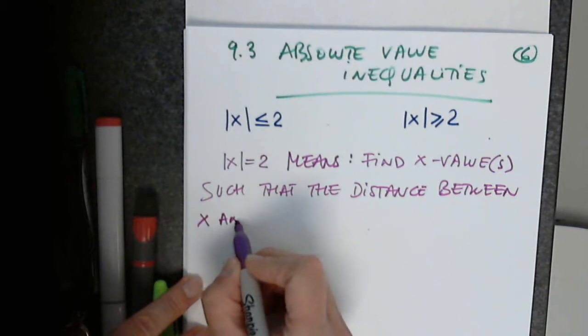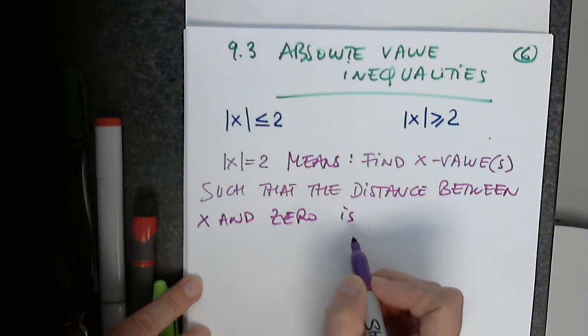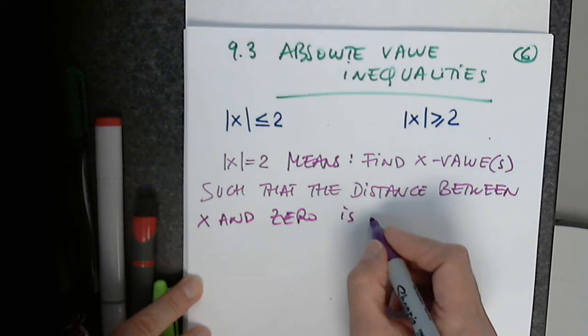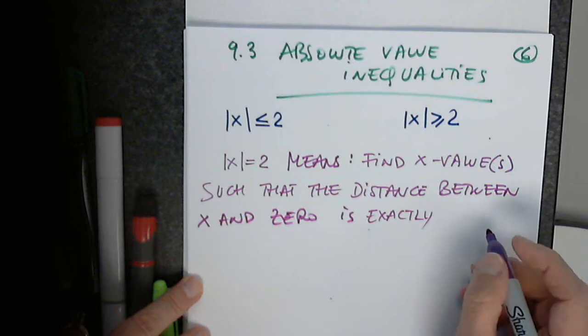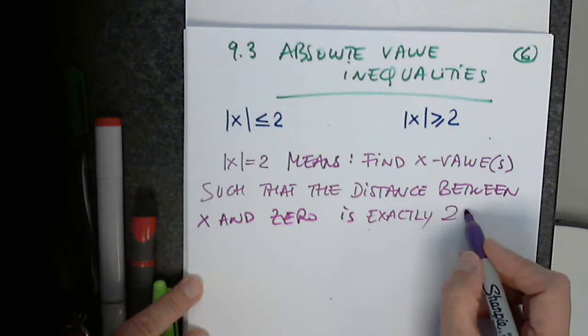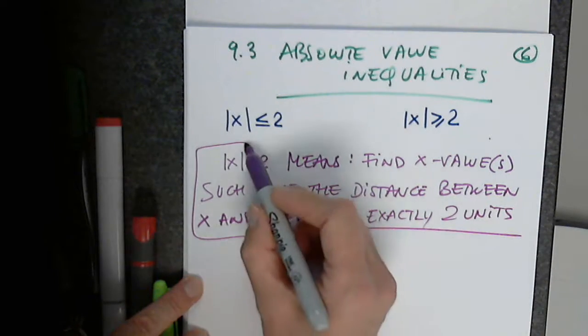X and 0. Excellent. Is exactly what? 2 units. So this is a translation in plain English.